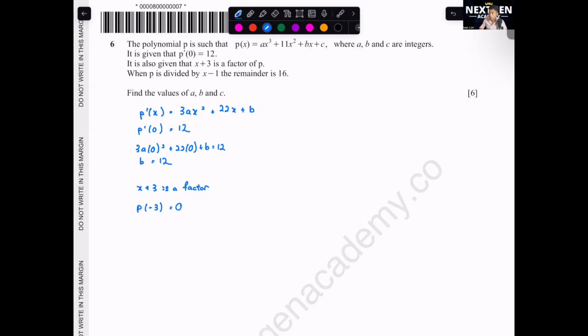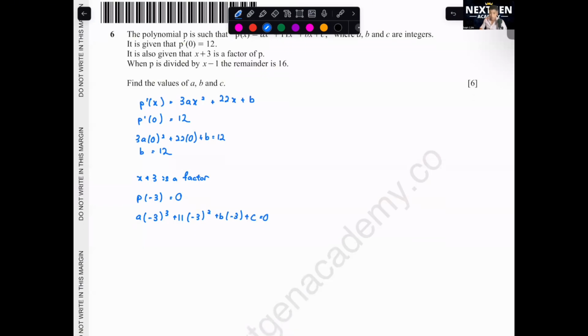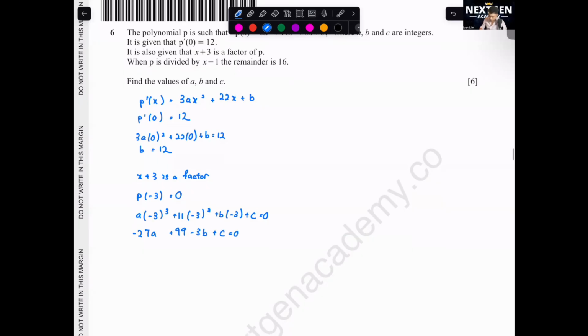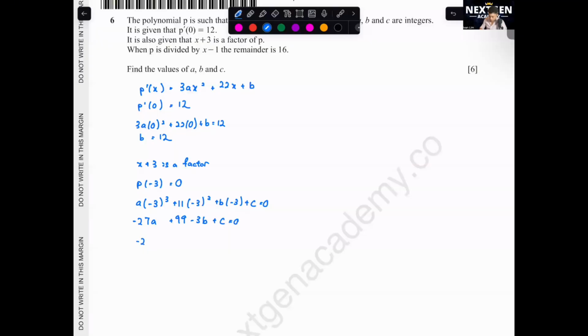So here we can write a(−3)³ + 11(−3)² + b(−3) + c = 0. Go ahead and simplify this. (−3)³ is −27a, plus 3 squared is 9, 9 times 11 is 99, minus 3b plus c equals 0.